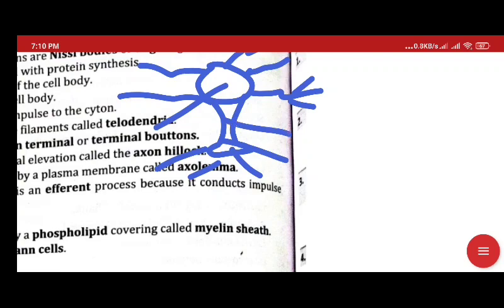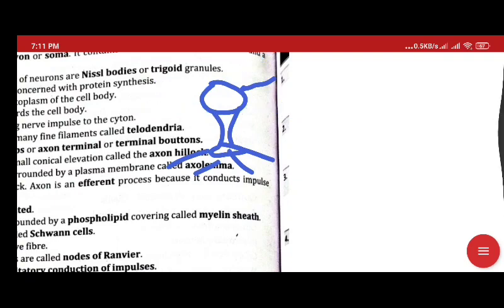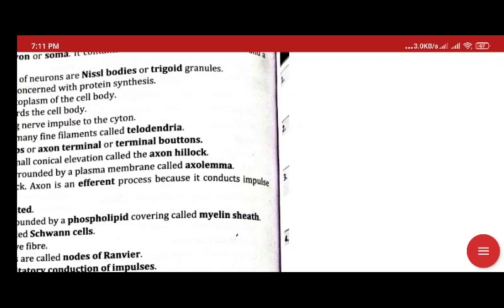This is the axon, and this is the axon hillock, meaning implementing or transferring the impulse to the other part, the out part. So this is basically the structure of the neuron in the nervous system.